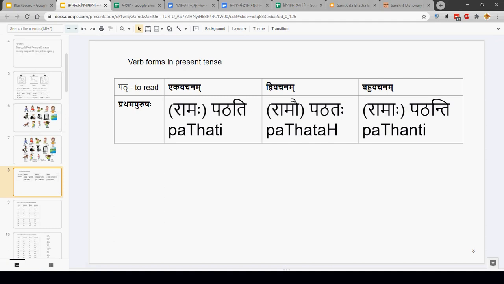Ramaha Pathati, Rama Pathatah, Ramaha Pathanti. So the Bahuvachana form of Kriyapadam is Pathanti. With that we are going to use Ramaha, the Bahuvachana form of the noun, the doer.